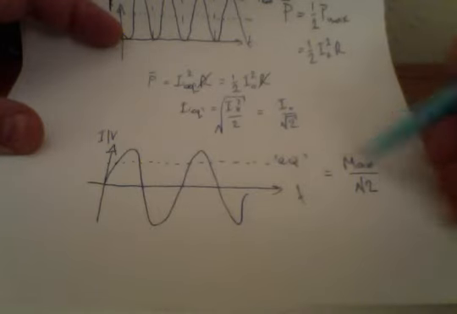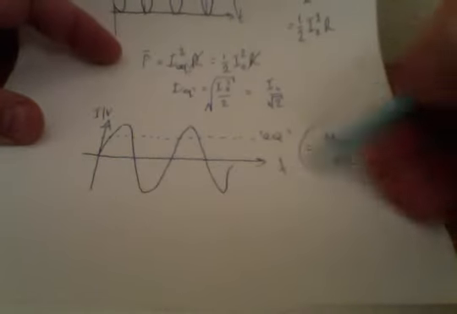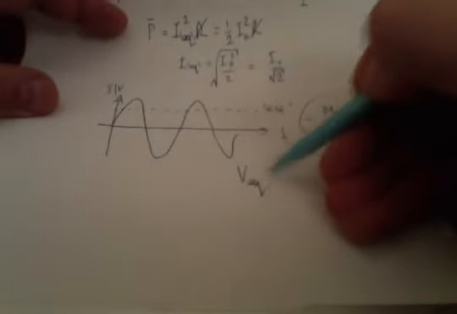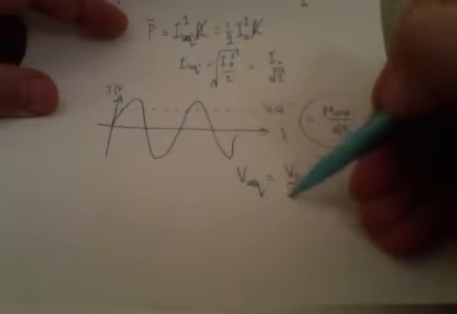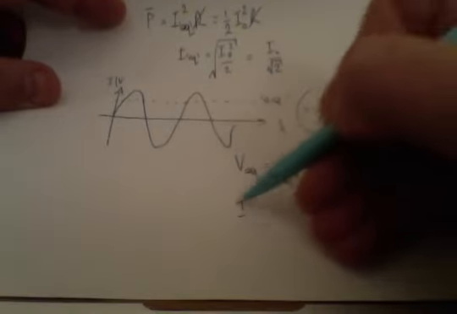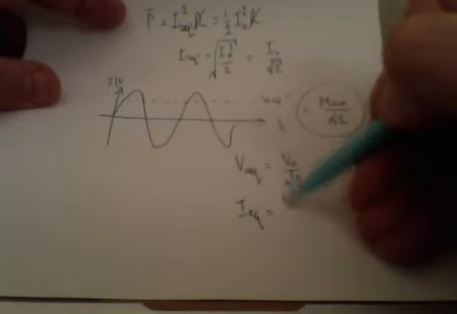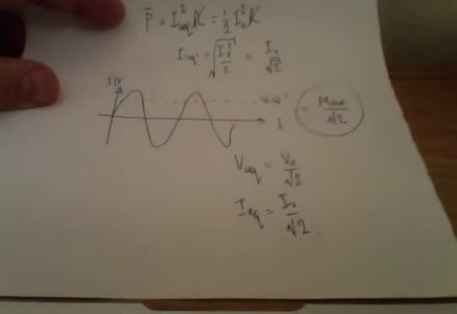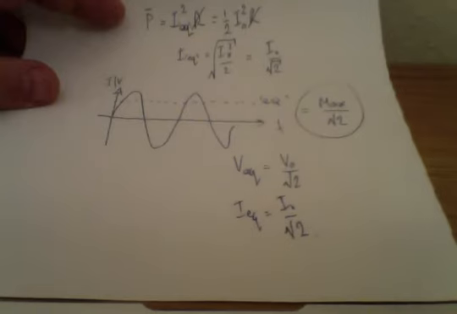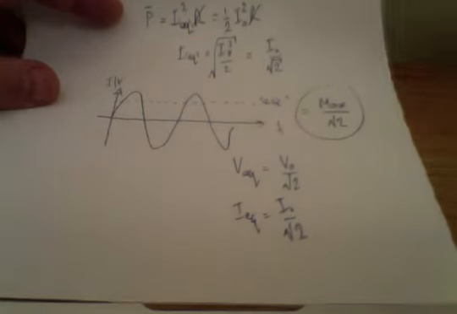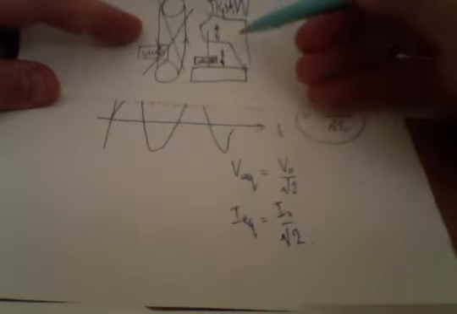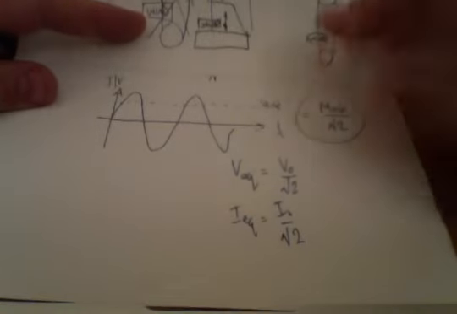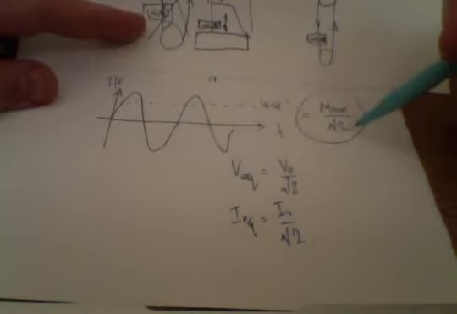And that is incredibly important. Indeed, V equivalent is going to be V naught over root 2, and indeed I equivalent is going to be I naught over root 2. Good, so we could probably say, drawing the analogy back, that the jigsaw is not quite as effective as the bandsaw, but it is effective to the value of 1 over root 2.